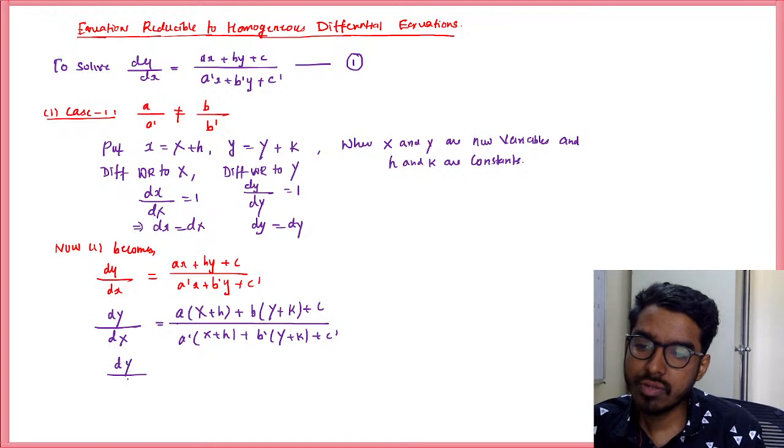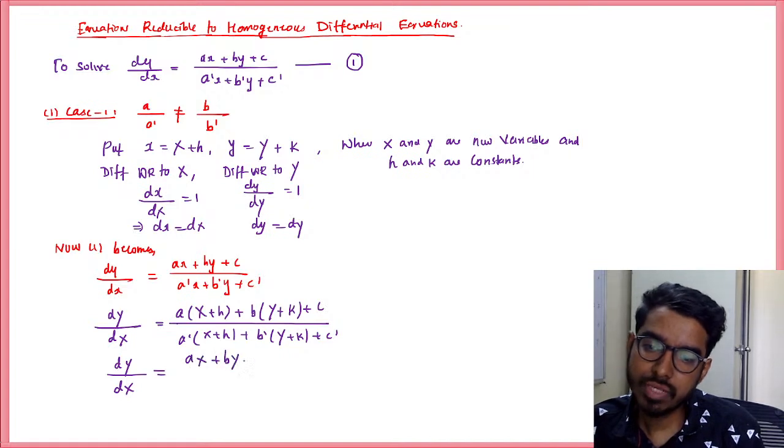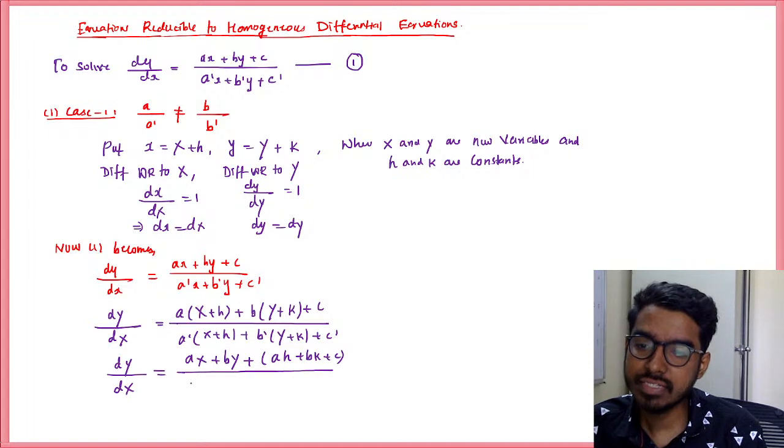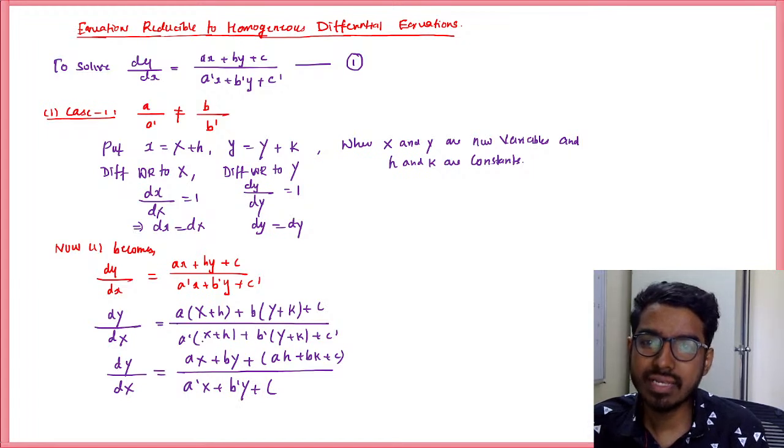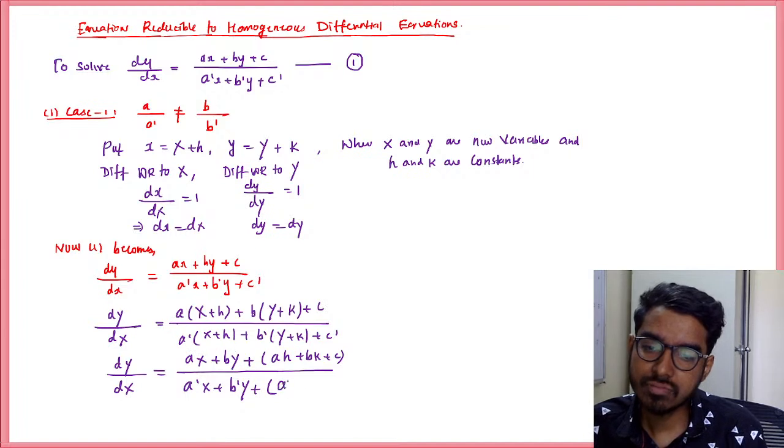So we have dY divided by dX is equal to aX plus bY plus some constant term, which is ah plus bk plus c, divided by a dash X plus b dash Y plus, we will collect all those constant terms. I'm just grouping the variables. It will be a dash X, a dash h plus b dash k plus c dash, right?